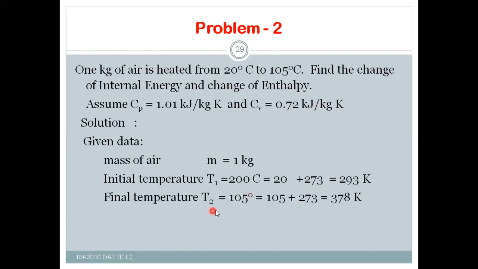And final temperature T2 is equal to 105 degrees Celsius, plus 273, you will get 378 Kelvin. Cp is also known for us, 1.01 kilojoule per kg Kelvin. Cv is also known, given in the data, that is 0.72 kilojoule per kg Kelvin.